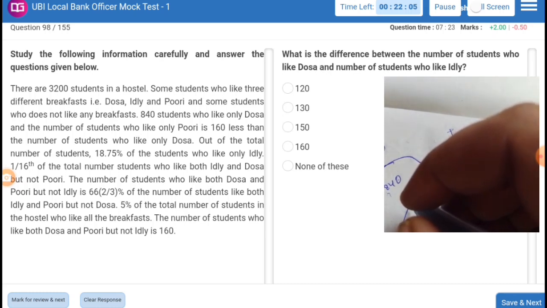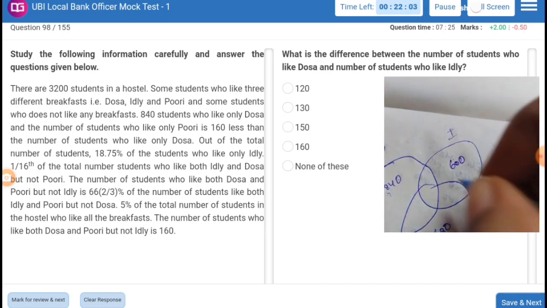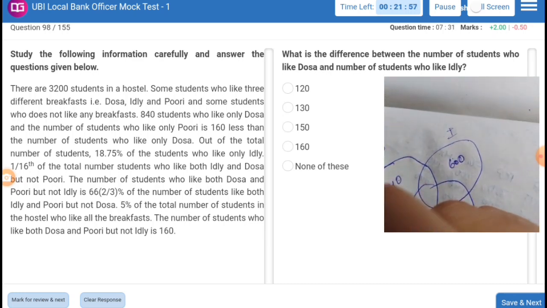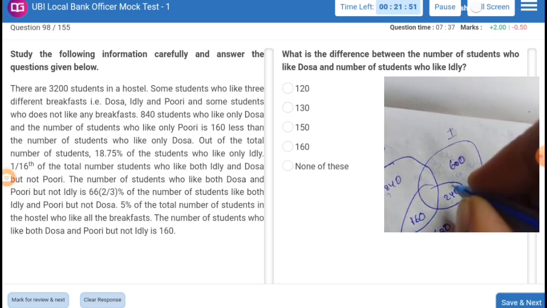The total number of students who like both dosa and puri but not idli: 160, 240.